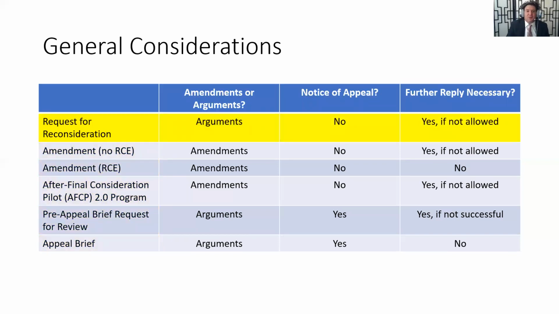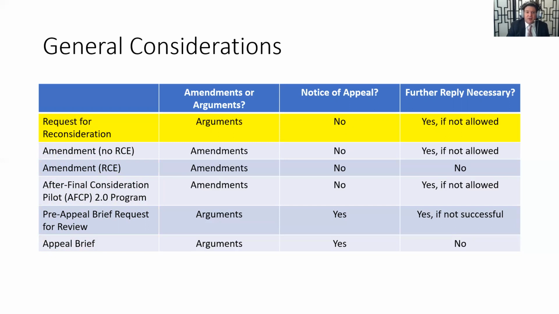All right, so the first one we're going to discuss is the request for reconsideration. Sometimes people just call this a response. It is only presenting arguments in response to the final office action. You are asserting the patentability of the claims as they stand. No notice of appeal is necessary.